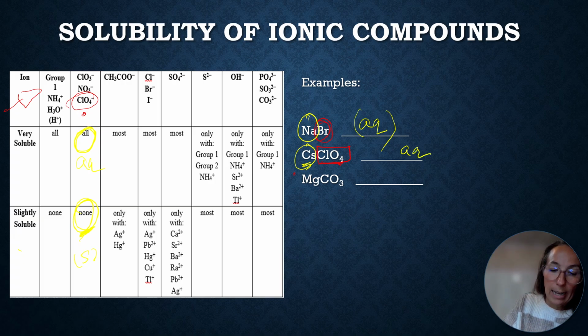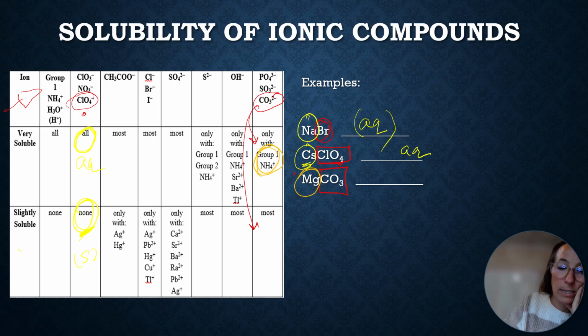Okay, let's look up that last one, the carbonate and the magnesium. I'm going to look up the carbonate first at the top, and I find it right at the back in the last column here, and I'm looking for the carbonate matched with one of these. The carbonate is highly soluble, aqueous, only with group 1 or ammonium, which is also 1+.